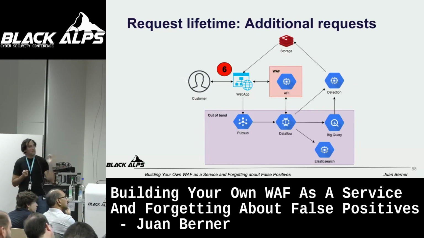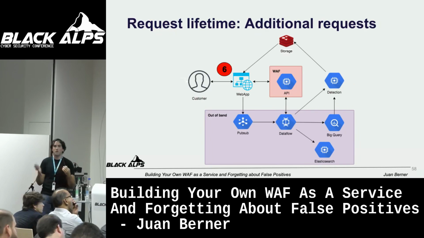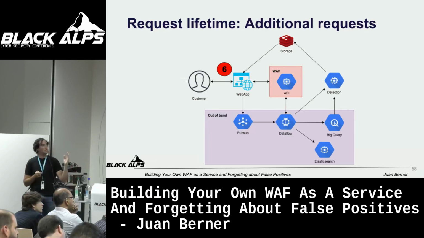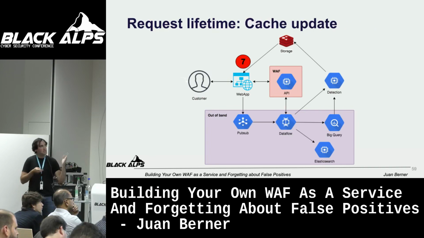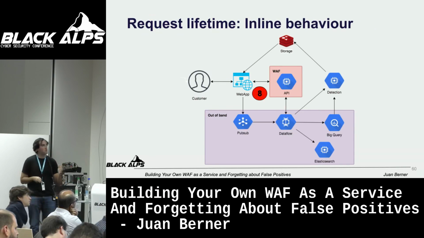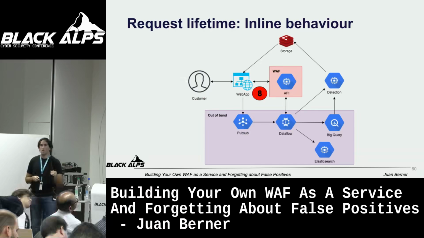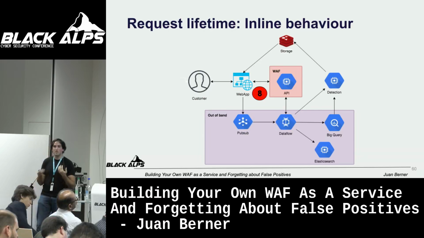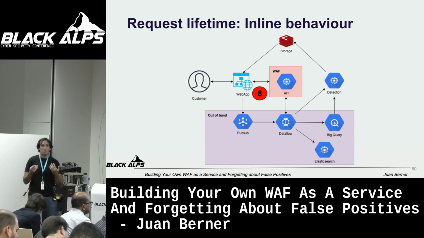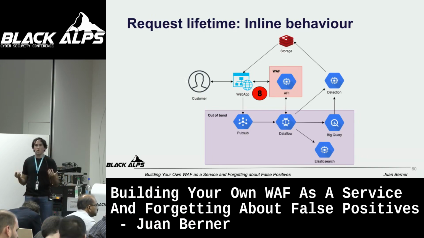And then for the next request that happens, or the 7th request, or as many as needed for the out-of-band mode to think this is malicious, the web application gets that request and performs it, getting the cache update, and performs the inline behavior, because now it considers that this particular fingerprint is inline. What this basically accomplishes is that you have the two modes going at the same time.